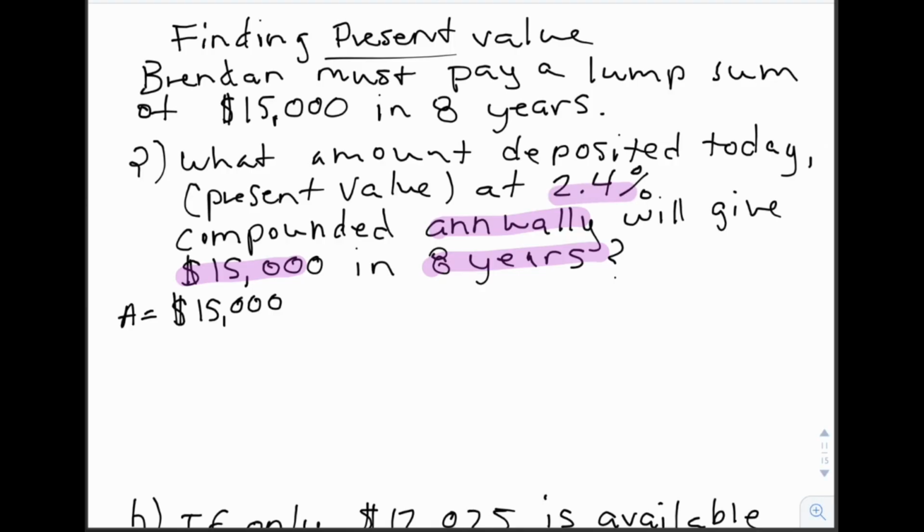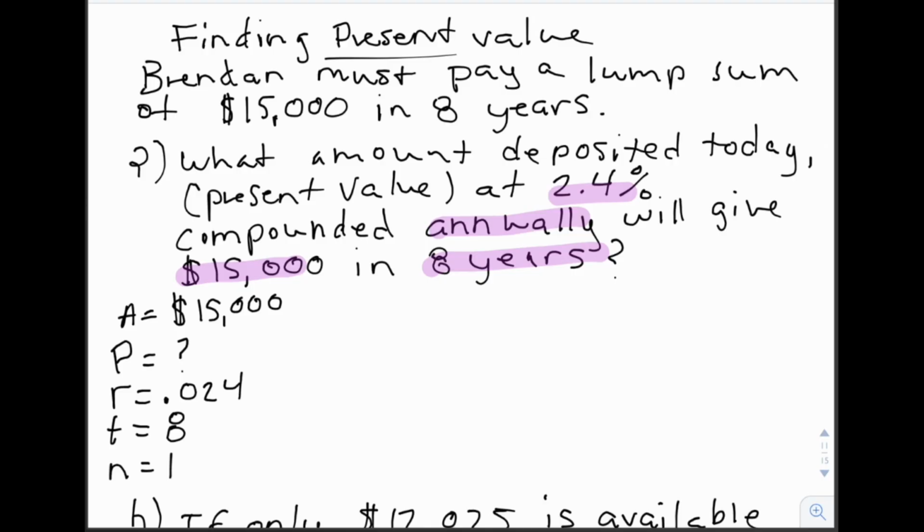So A is going to be equal to 15,000. We want to find our present value, or the amount deposited. We are given an r, or interest rate, of 2.4, so that's going to be 0.024. Our time is equal to 8, and then it told us annually, so in this case our n is going to be equal to 1.